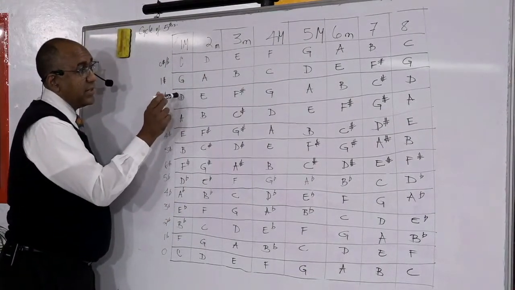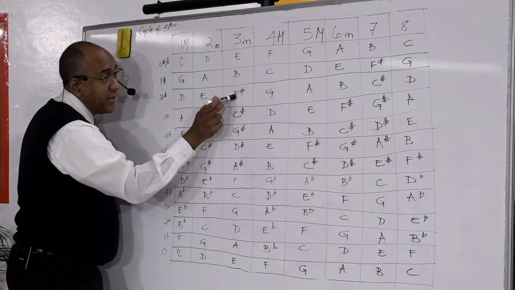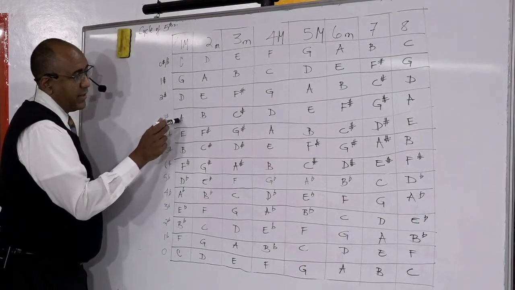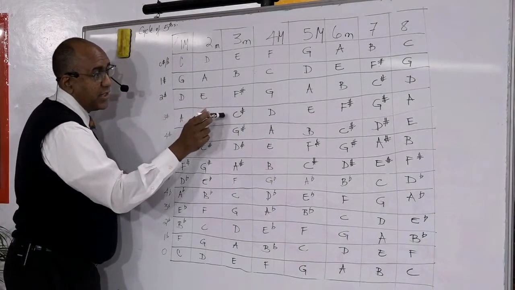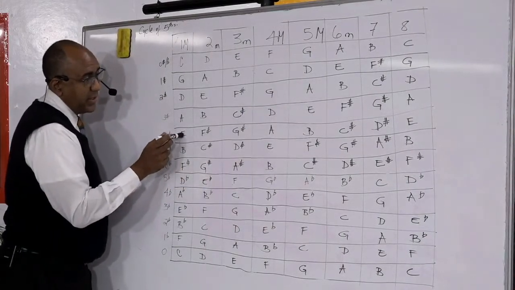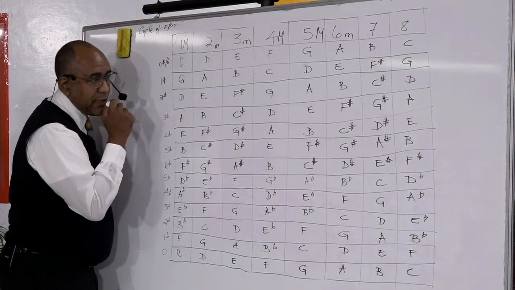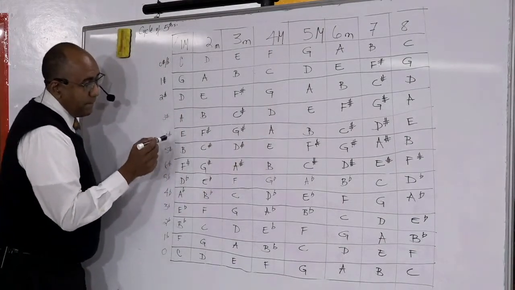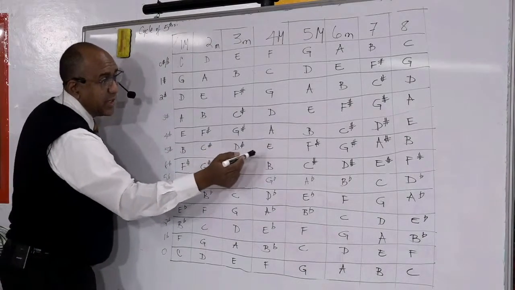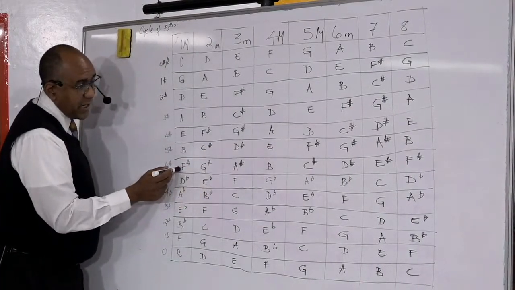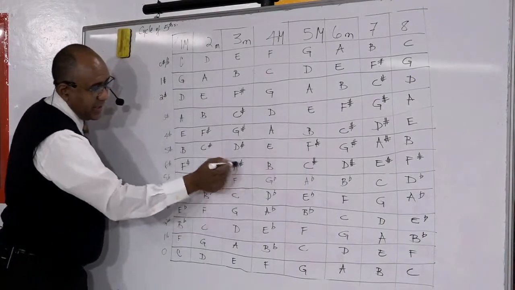D minor, D, not F sharp, but lower the F sharp to F and A. A, C, lower the C sharp to C and E. E, G, lower the G sharp to G and B. B would be B, lower the D sharp to D and F sharp. F sharp, A, and C, not A sharp.